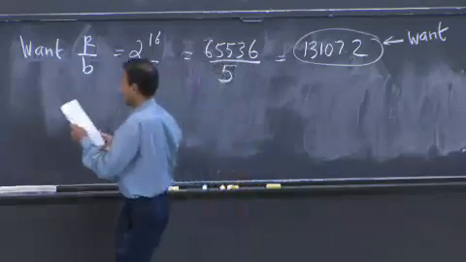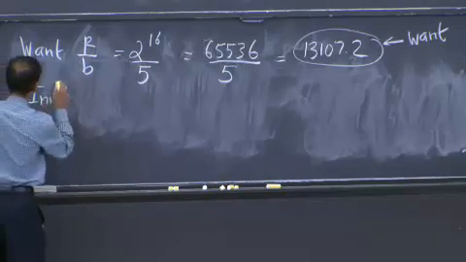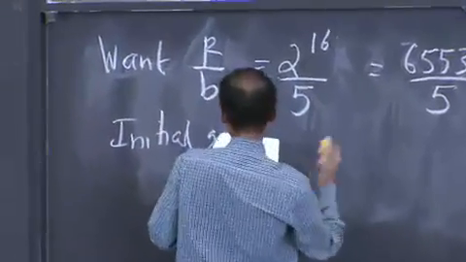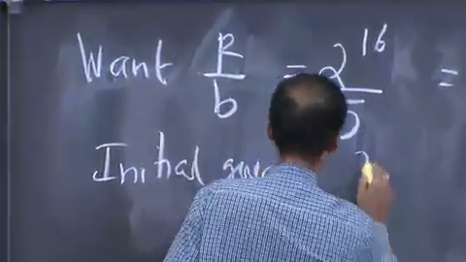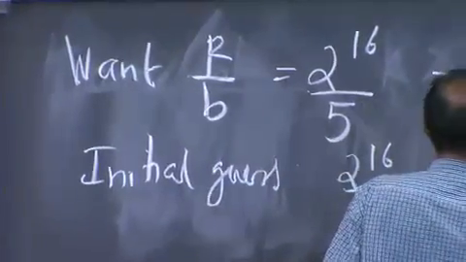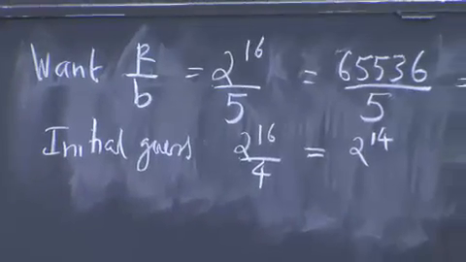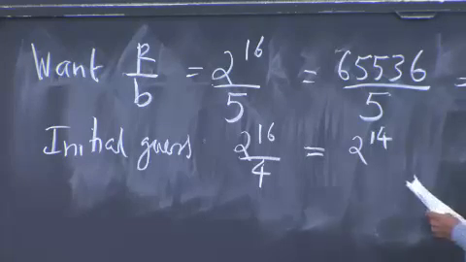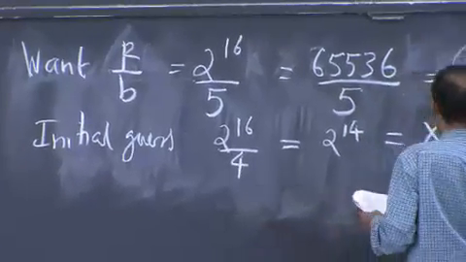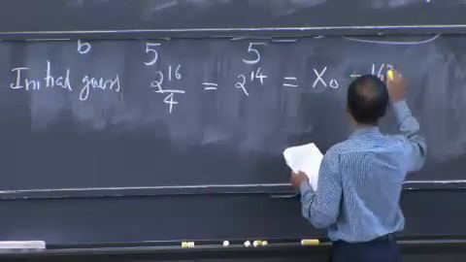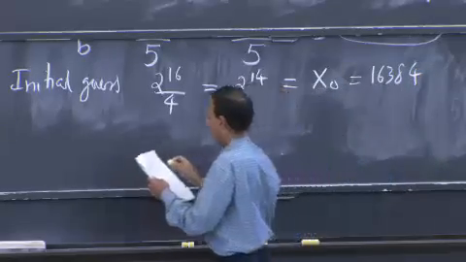And our initial guess, let's say we try 2 raised to 16 divided by 4, because we know how to divide by a power of 2. So that's 2 raised to 14, and that's our initial guess. Think of that as x0, and that is 16384.